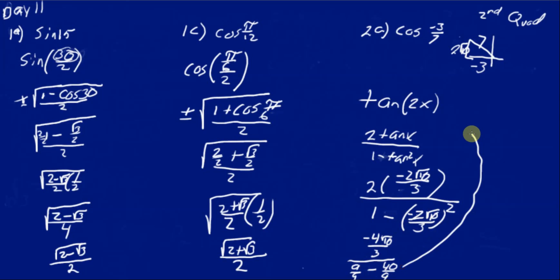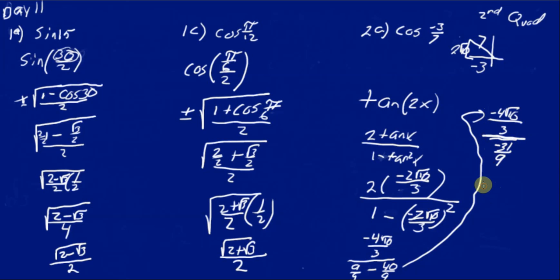So that's going to be negative 4 root 10 over 3 divided by 9 minus 40, or negative 31 divided by 9. All right?